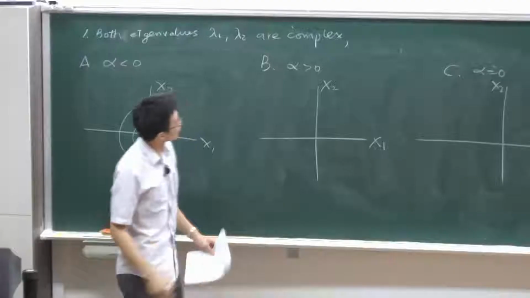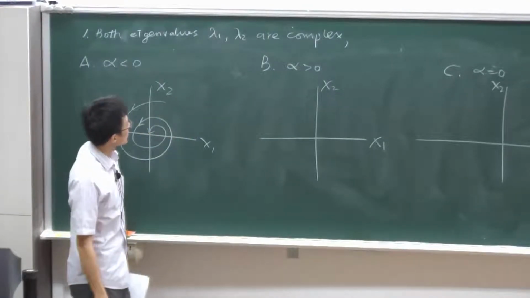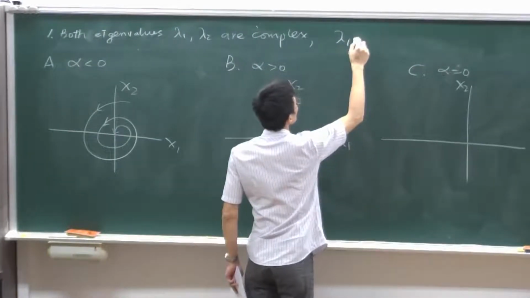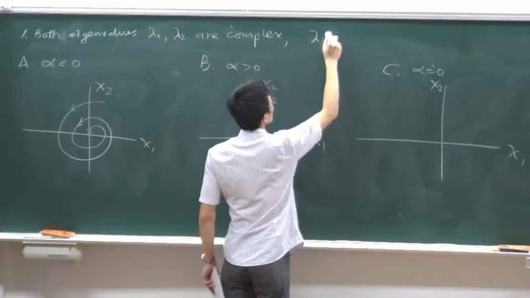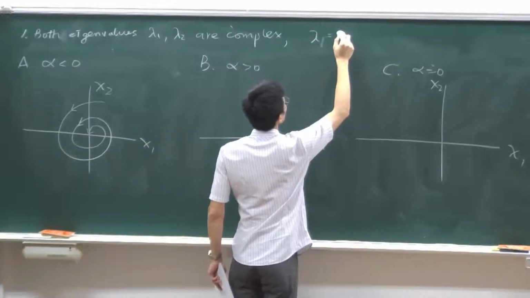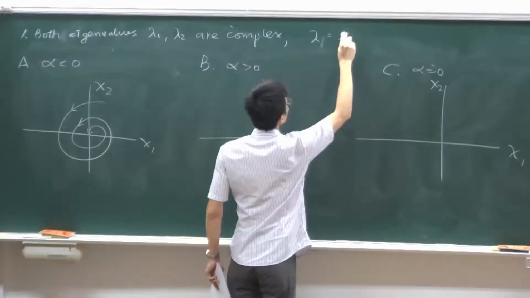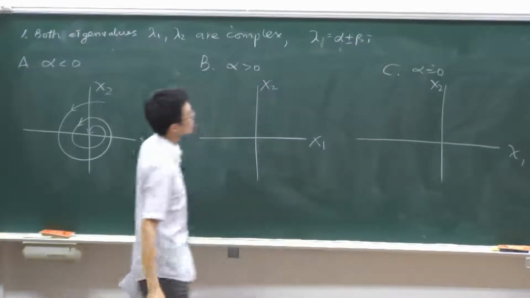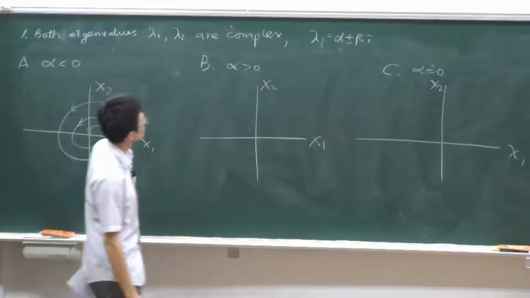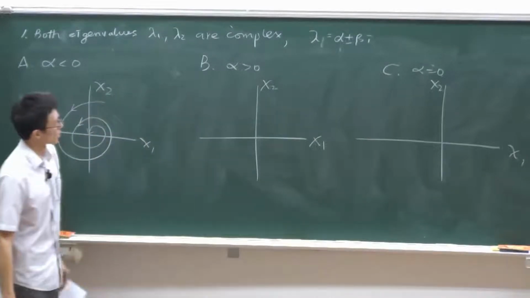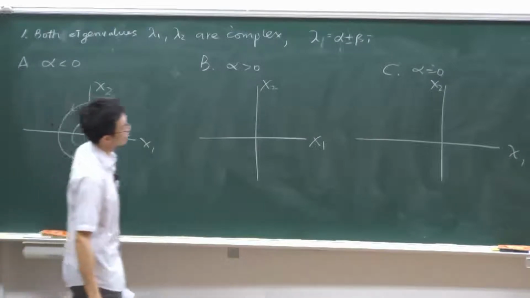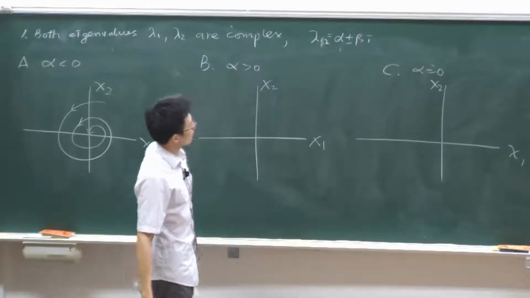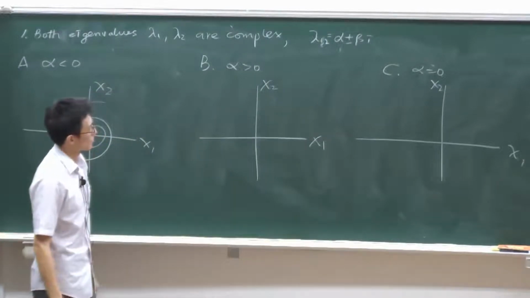So for complex eigenvalues, for example, the solution is alpha plus or minus beta i.